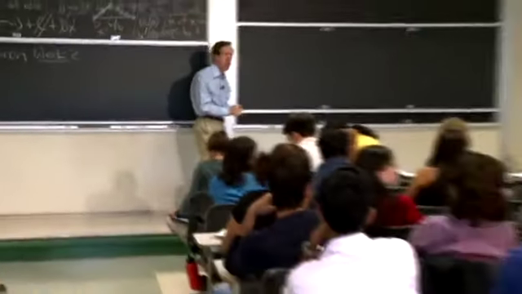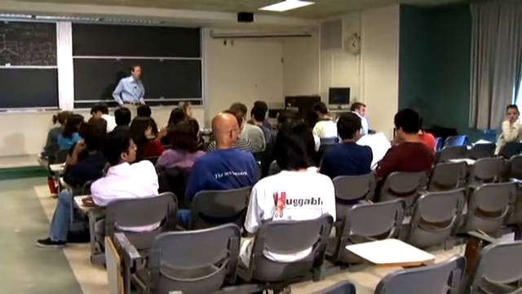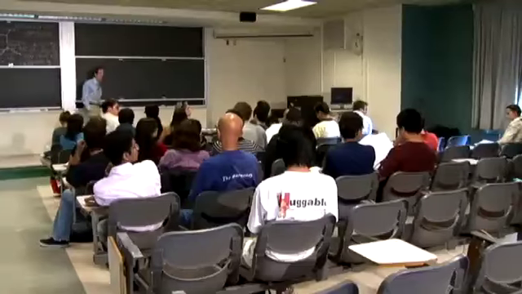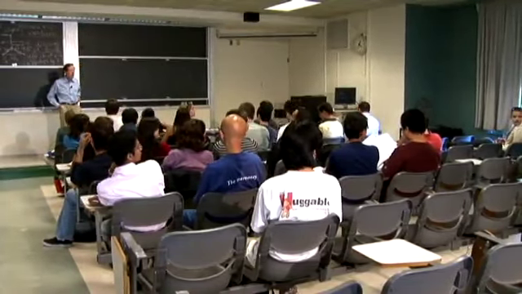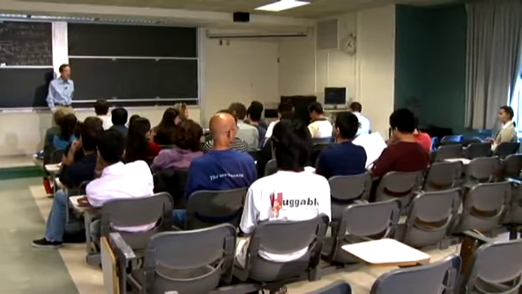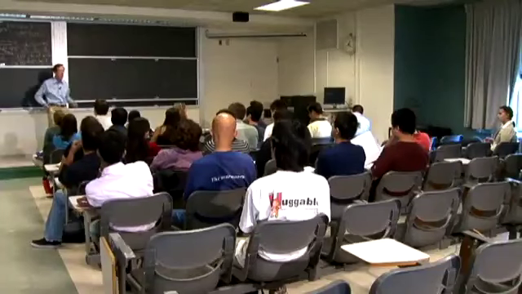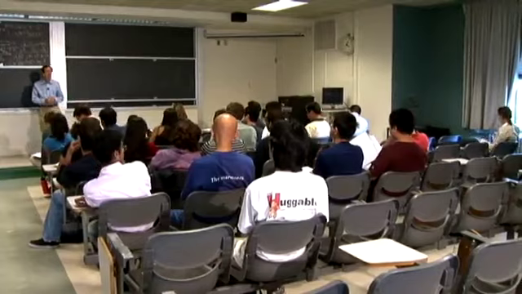Anybody? Yeah, thanks. I actually had a question about the lecture earlier today. I'm not really sure how you take the initial conditions and apply them to the ramp function to actually get a solution.